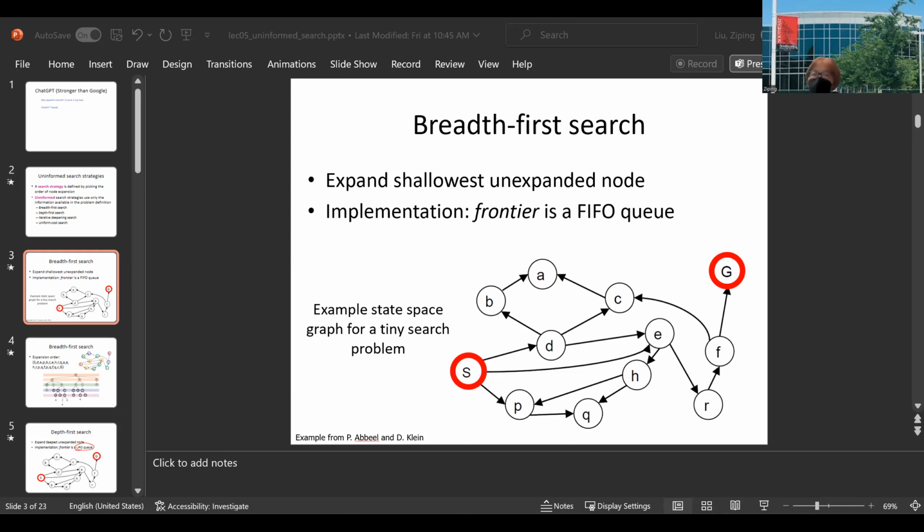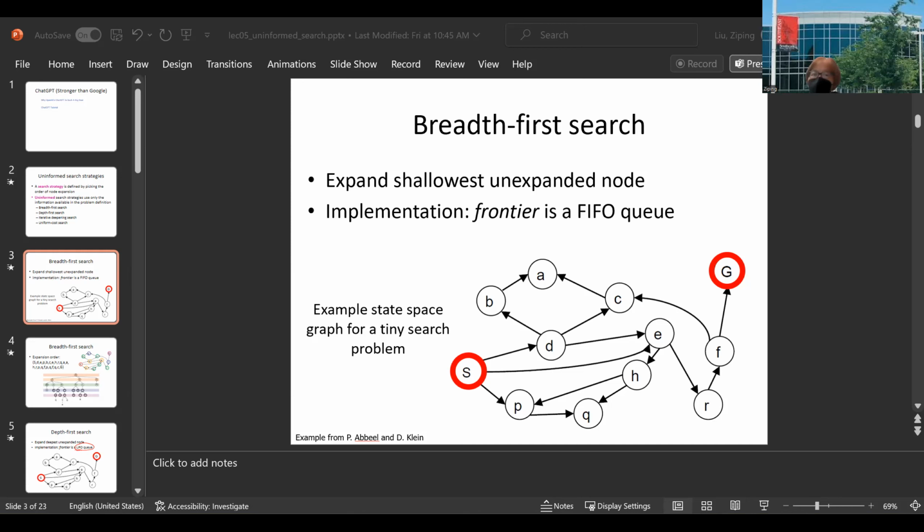Just think about depth first search: does it give you the least cost solution? No. It will go deep, but it may not be the least cost one. So depth first search will not always give you a least cost solution.